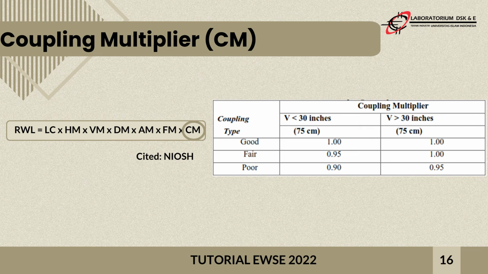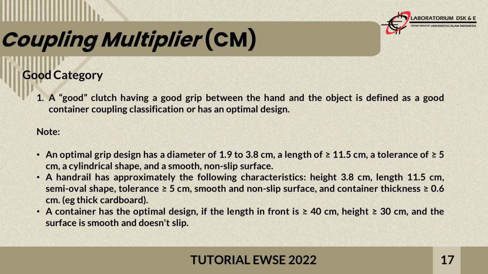The coupling multiplier is based on the determination table of coupling good, fair, or poor, by adding notes points that come from the highest degree. For the good category, a good clutch having a good grip between the hand and the object is defined as a good container coupling classification or has an optimal design.